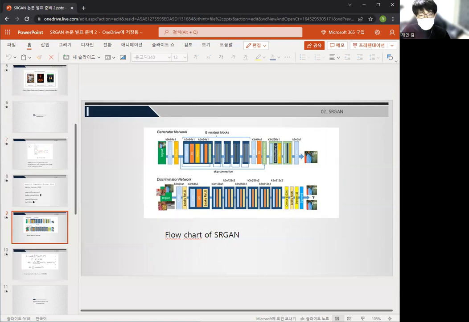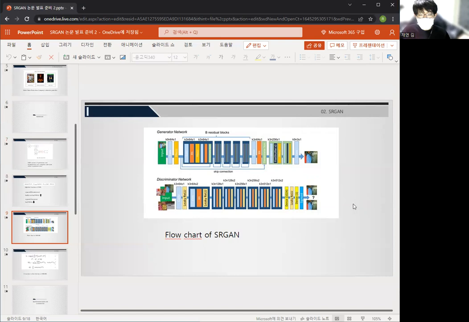For this, the artificial neural network of SRGAN must be trained first. Learning consists of a single network, produced by connecting the generator neural network and the discriminator neural network.